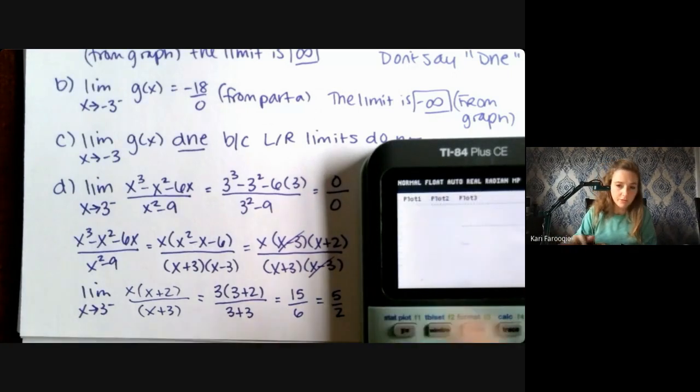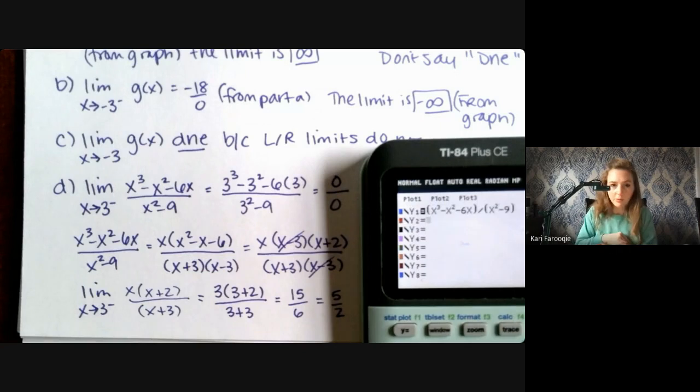Well, watch this. That was my original function, right? Let me put in the new function. x times x plus 2 divided by x plus 3. Don't forget to put parentheses around your denominator. Now, this is going to graph in red.